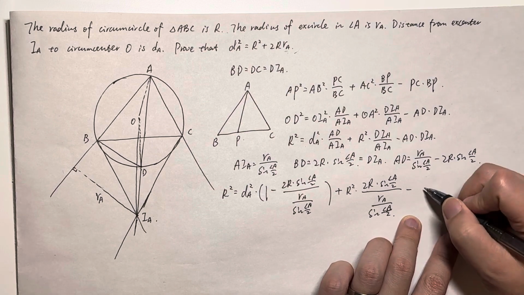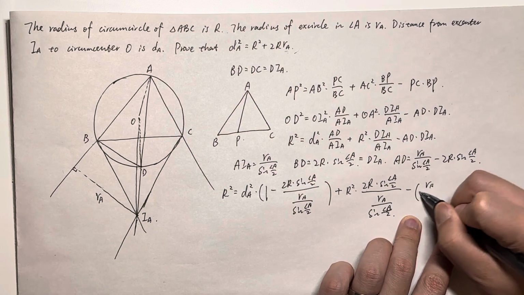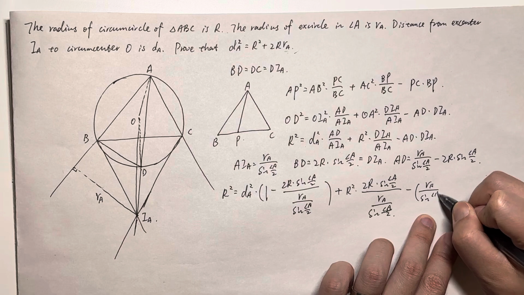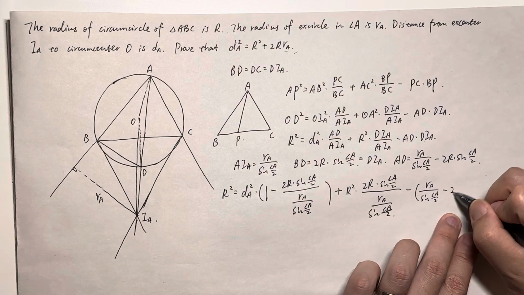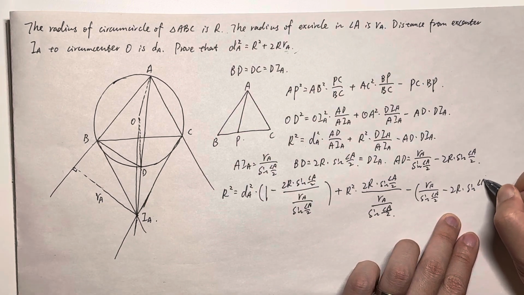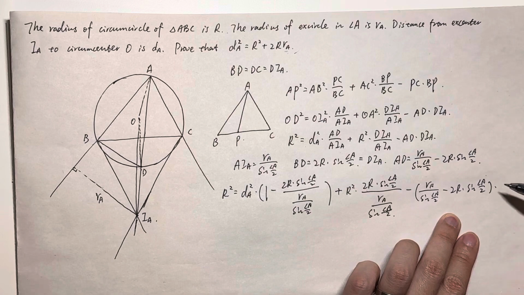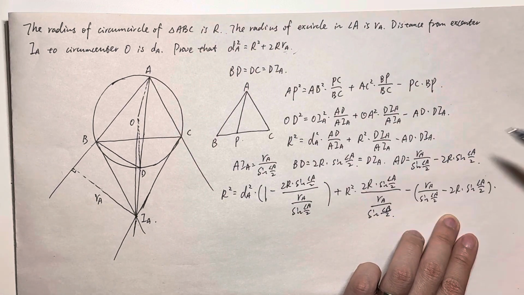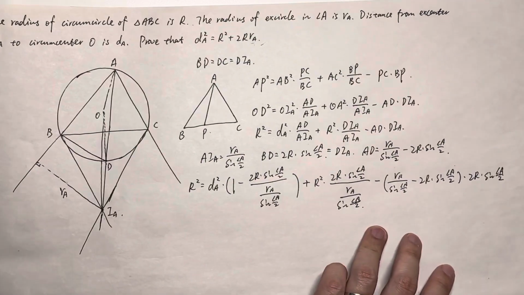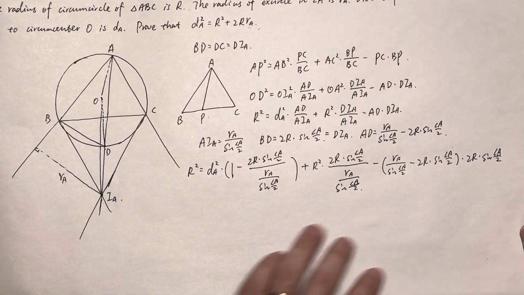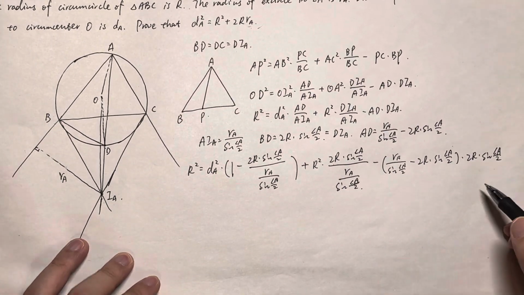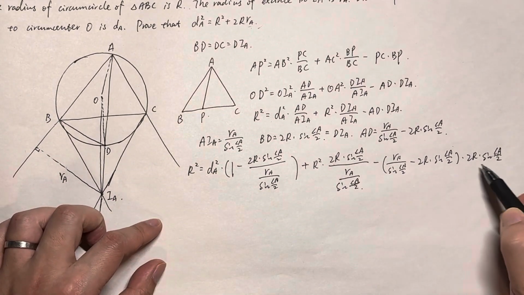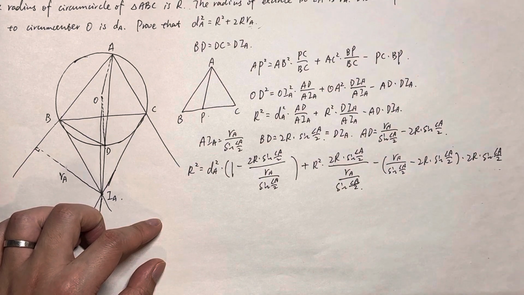AD is RA over sine of A by 2 minus 2R sine of A by 2, and DIA is 2R sine of A by 2.